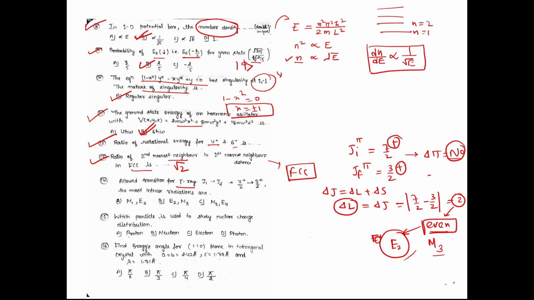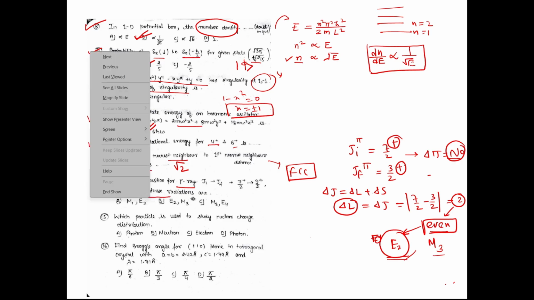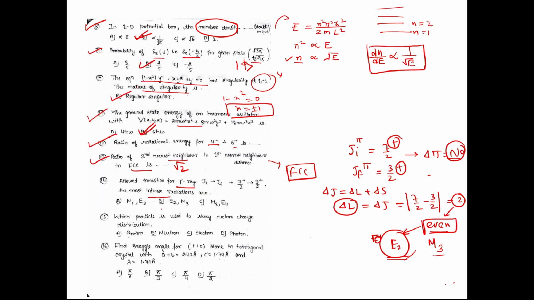No change in parity, it gives E2 only. And if there is a change in parity, then it gives M2. So the most intense radiations are E2 and M1, I think.